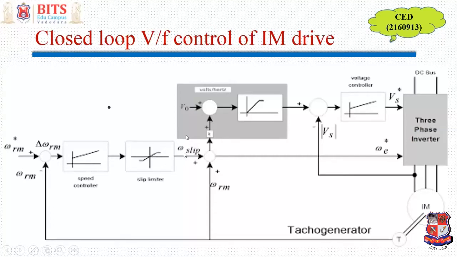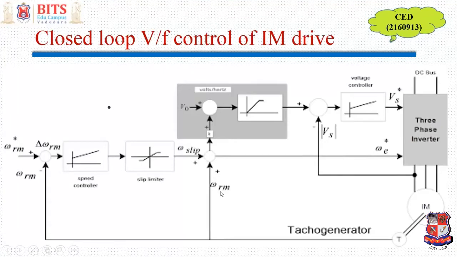Now this is the slip speed. Actual speed, when you add to it, you get the required synchronous speed, right? So this is required slip at which the motor should operate to have the required performance. This is actual speed. When you add to it, you get the required synchronous speed, right?